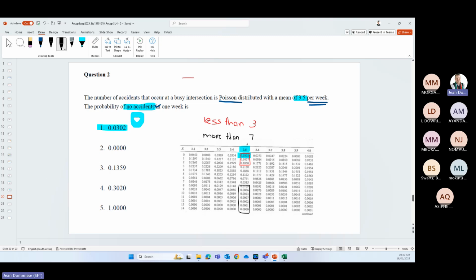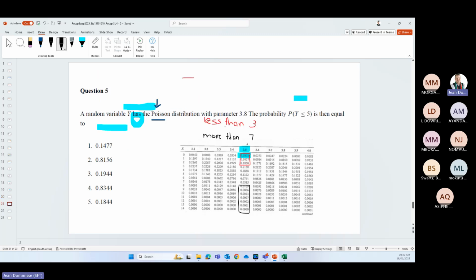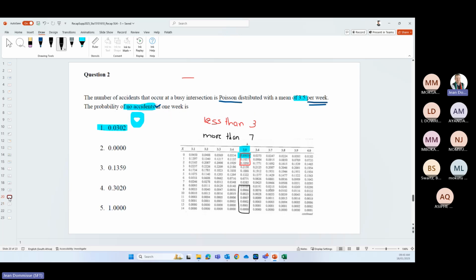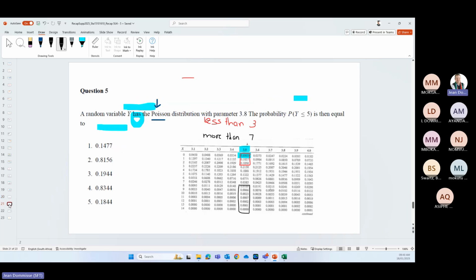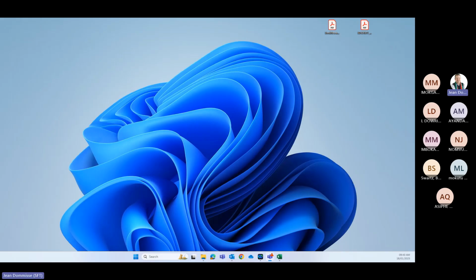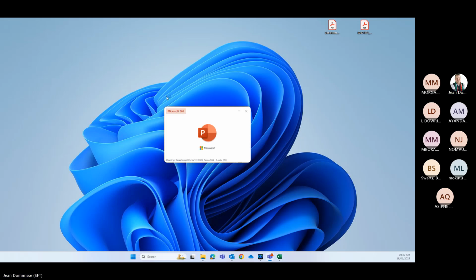Okay, so let's look at another Poisson. What happened here now? Oh, it's not doing the same, so let me just quickly go into it again.